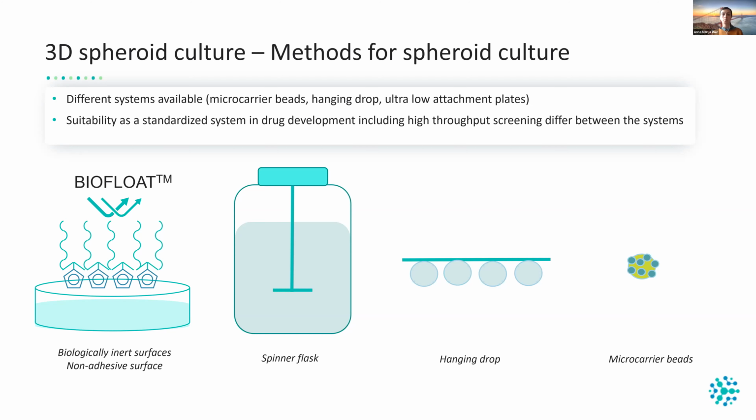In this method, the cells adhere to the microbeads, proliferate on the surface, and form 3D structures. Cultivation in spinner flasks does not allow a high throughput analysis in cell-based assays. And also, the microcarrier beads can interfere with your cell assay in a high throughput screening.